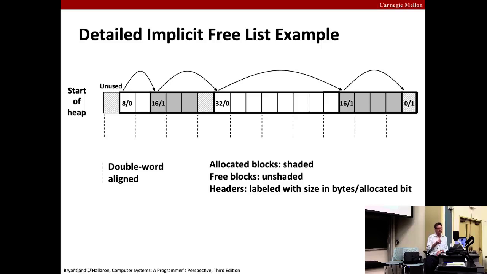All of our blocks have to be a multiple of 8 in size. So here's a case of internal fragmentation, where we have this extra word in order to maintain the alignment requirement. That ensures that the next block's payload starts at an 8-byte aligned boundary, and so on.